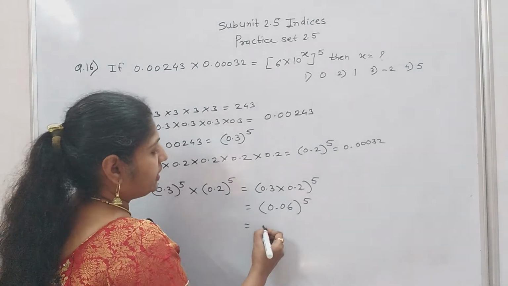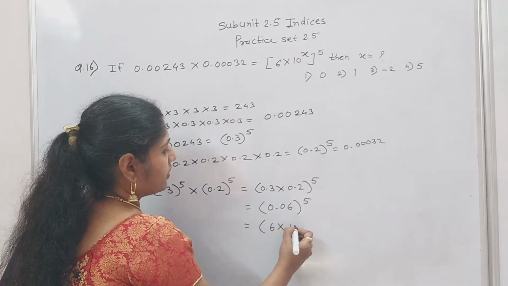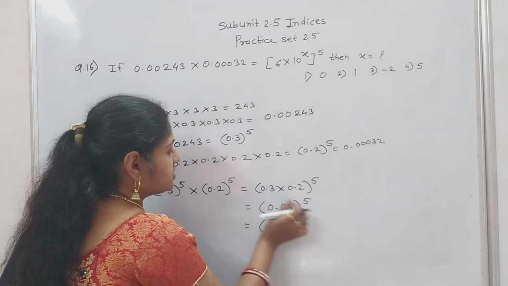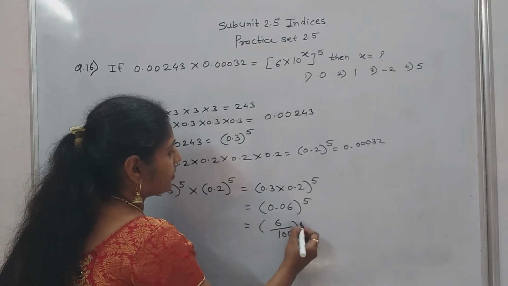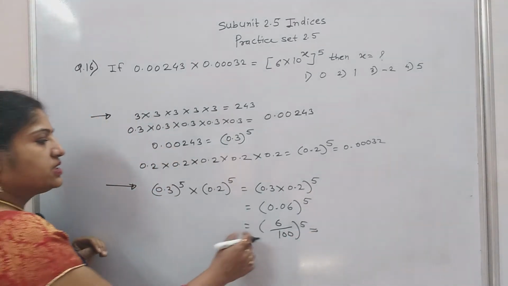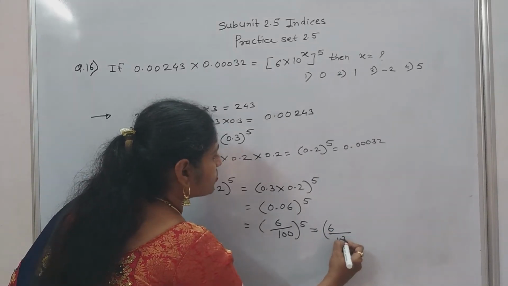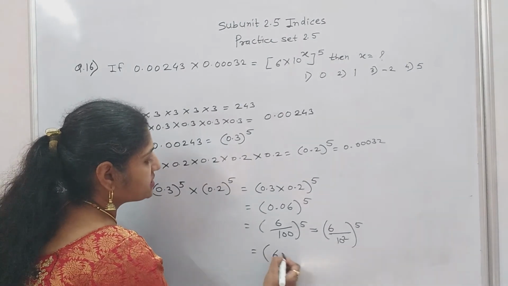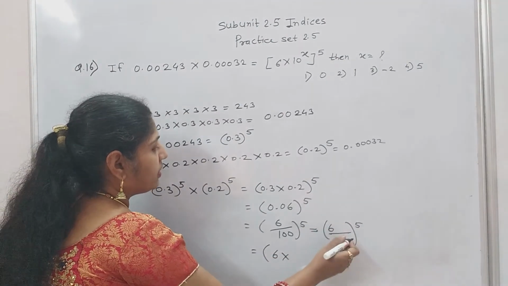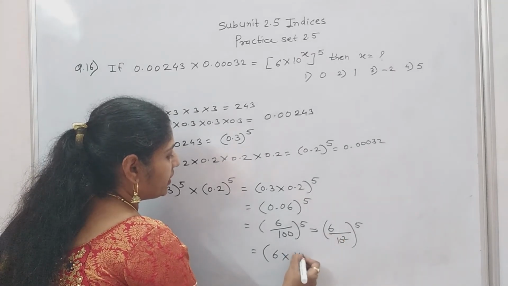So we can write 6 upon 100 raised to 5. And 6 upon 100 we can write as 6 upon 10 raised to 2. And we can write 6 into, we take 10 raised to minus 2 in the numerator.